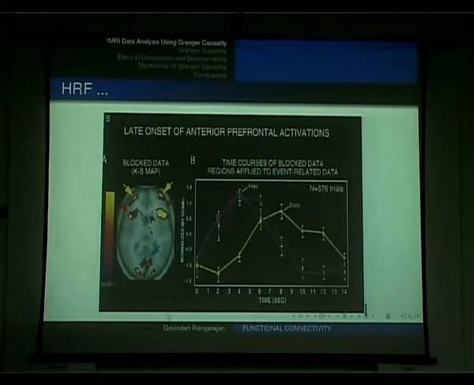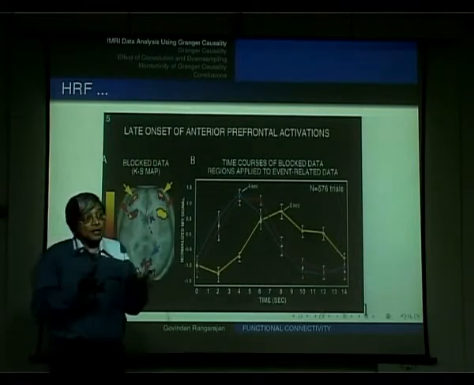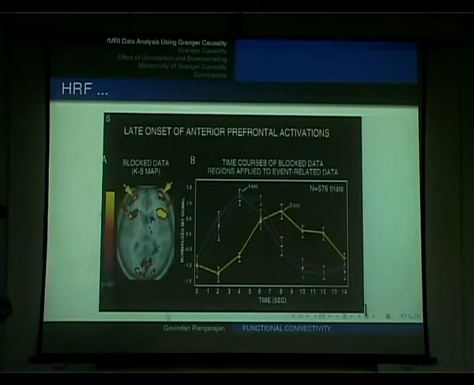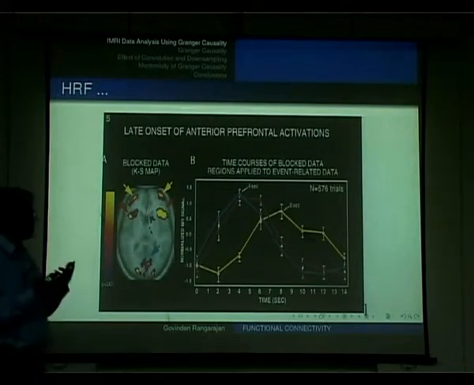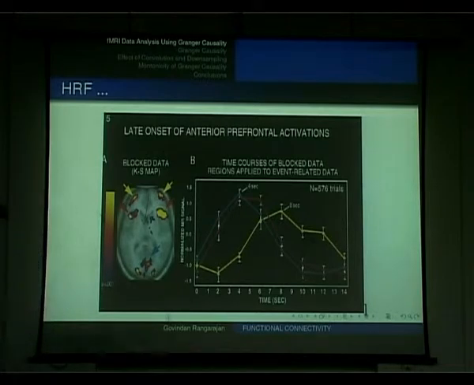Now, suppose process A at the neuronal level is causing process B, but the hemodynamic response function for process A peaks much later than the one for process B. Then you have a confound, because that can act against the time flow happening at the neuronal level. So you have such issues in applying Granger causality to fMRI data.